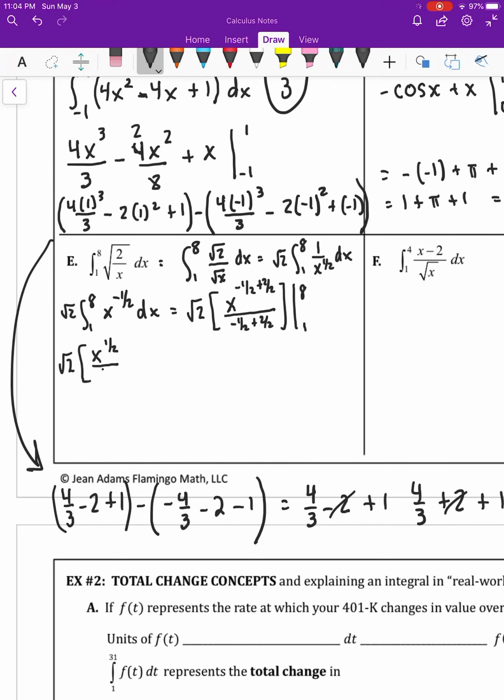And that is from 1 to 8. So square root of 2 times x to the positive 1/2 divided by positive 1/2 from 1 to 8, which is going to be multiplication by 2.